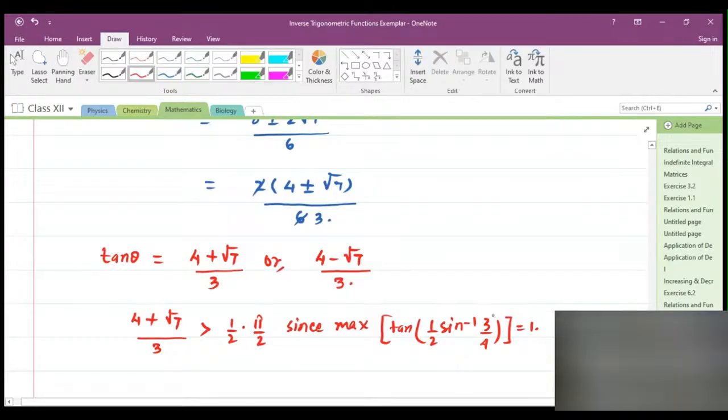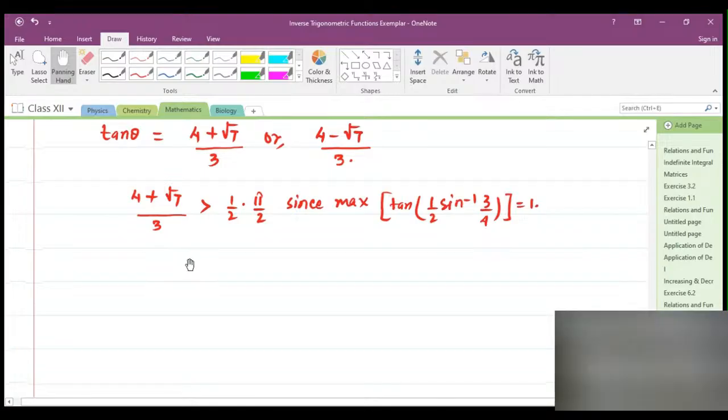So here the LHS will be, and we ignore 4 plus root 7 by 3.